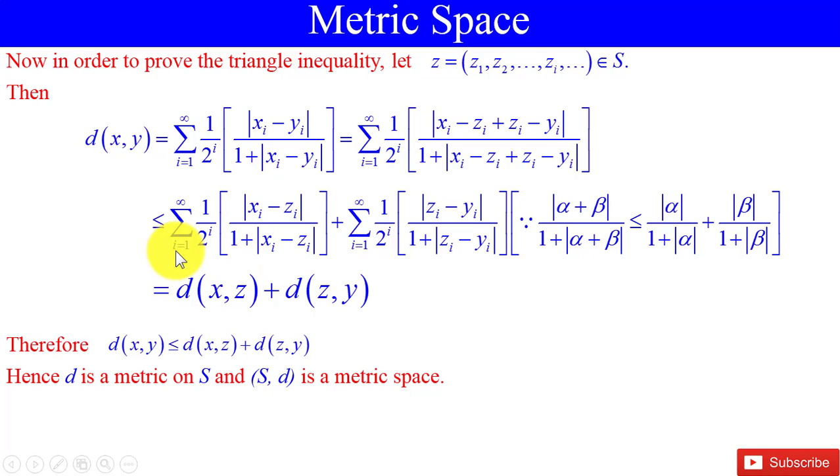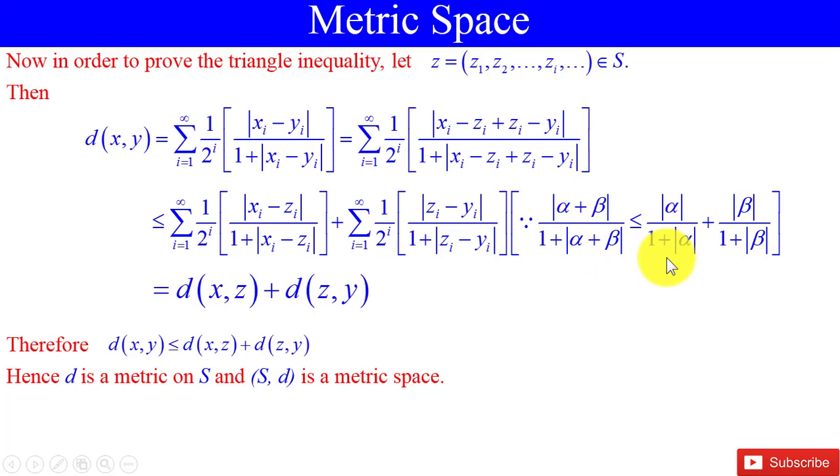which is less than or equal to sigma i equal to 1 to infinity of 1 by 2 raised to the power i modulus xi minus zi by 1 plus modulus xi minus zi, plus sigma i equal to 1 to infinity of 1 by 2 raised to the power i modulus zi minus yi by 1 plus modulus zi minus yi.